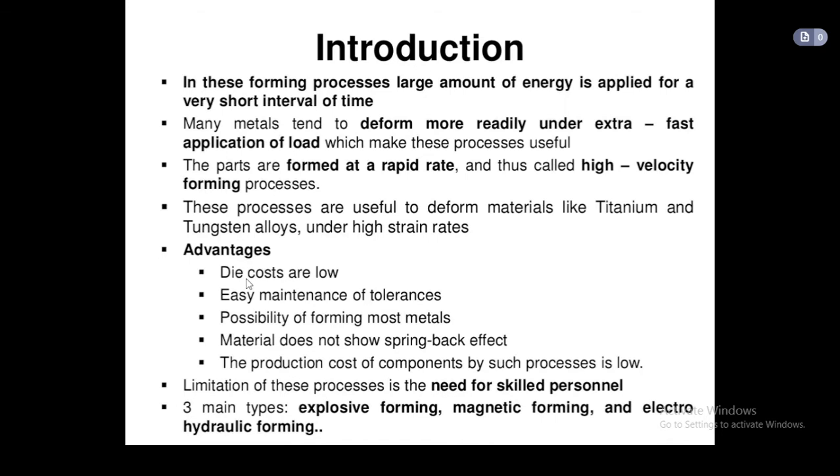Then, easy maintenance of tolerances. This means the tolerances we obtain are very close, so a precise design will be obtained. The size of the component we require and the size of the die are very similar, so tolerances are easily maintained in this process.